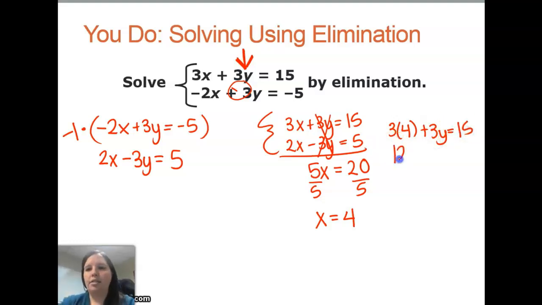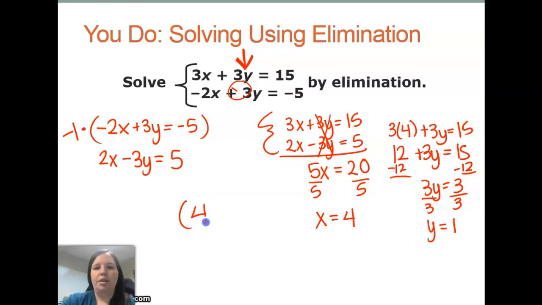So now I have 12 plus 3y equals 15, minus 12, 3y equals 3, and y is equal to 1. So my answer, 4, 1. Again, my last step should be to plug this in and check it in both equations.